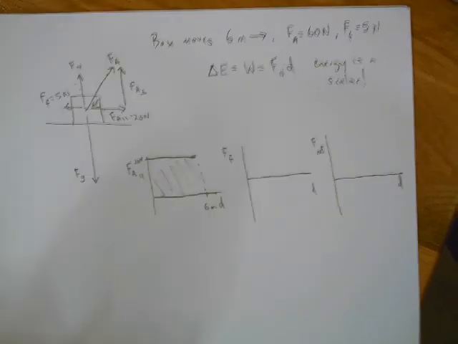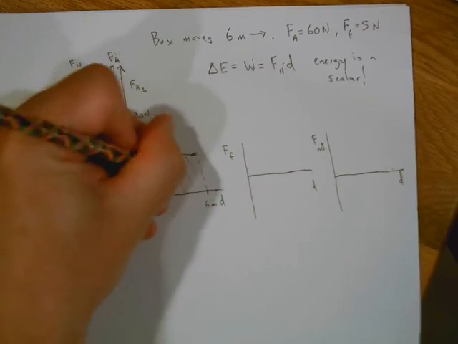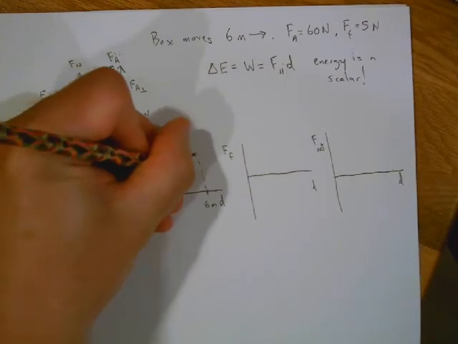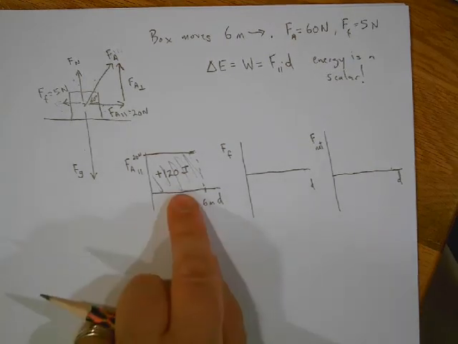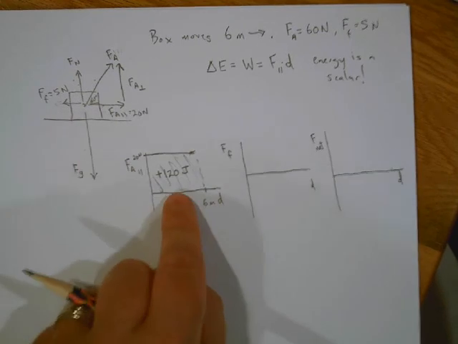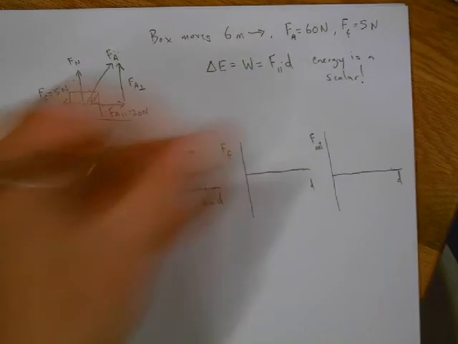The area of this would be plus 120 newton meters, or joules. What does that tell you? That the work done by Abdul during those 6 meters is going to be 120 joules.